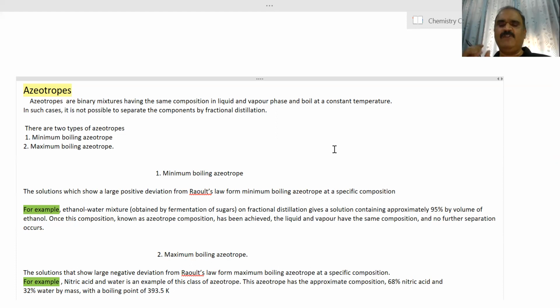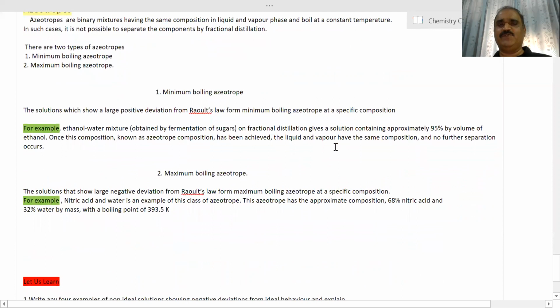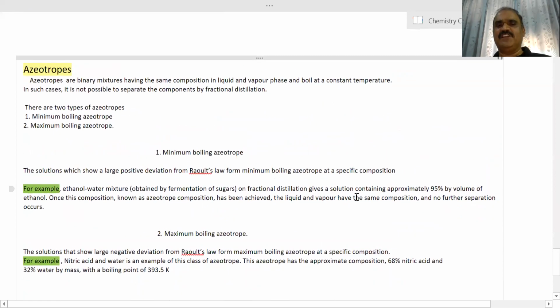Okay, for example, ethanol water mixture obtained by fermentation of sugar on fractional distillation gives a solution containing approximately 95% by volume of ethanol. For example, if you mix 95 ml ethanol, 5 ml water, together and allow to boil.